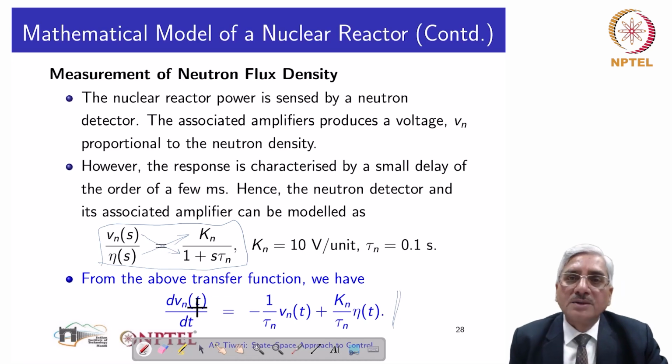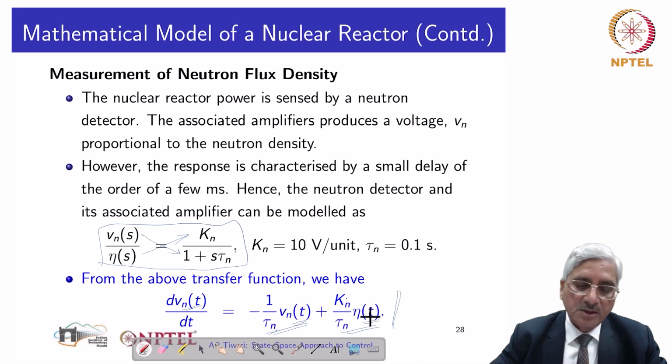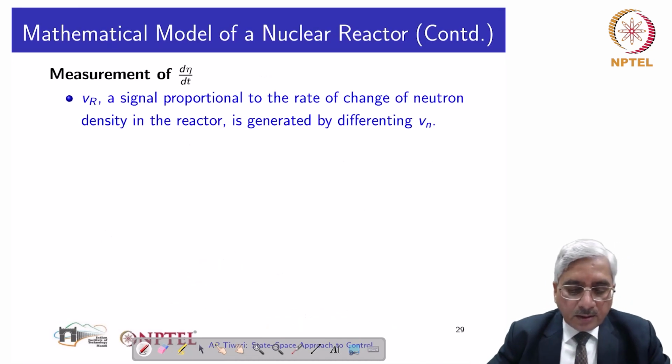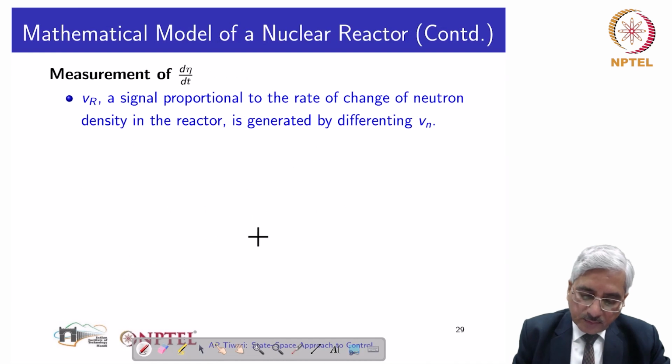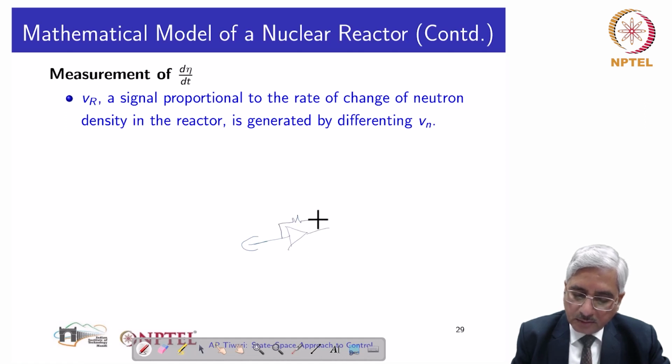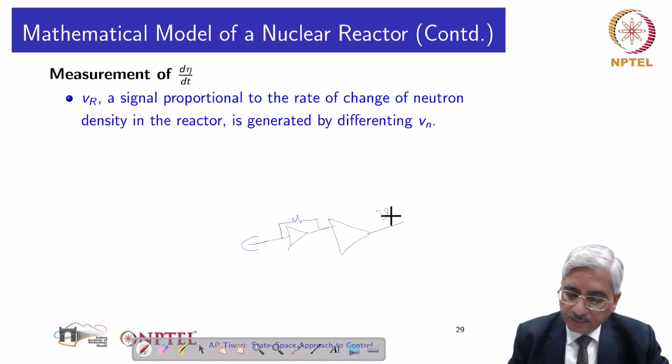Time rate of change of this output voltage of the amplifier equals minus 1 by its time constant into the voltage plus K by tau into neutron density eta. It comes into this form. Neutron flux, that is, this detector current after conversion to voltage and then amplification, we got Vn.